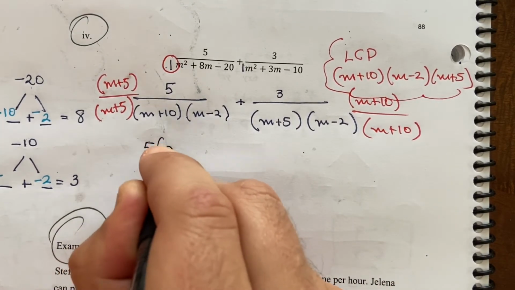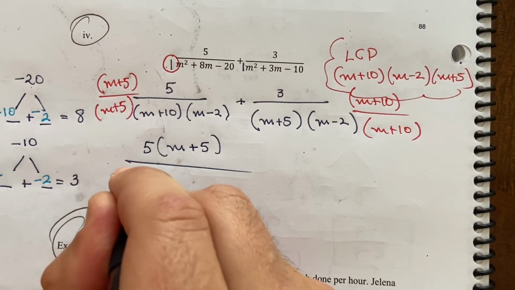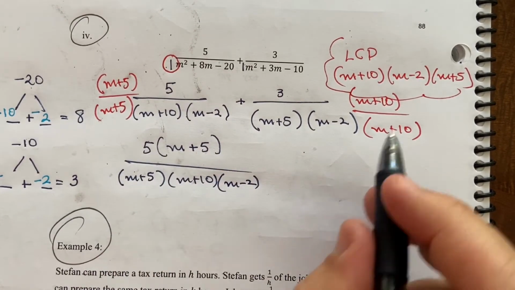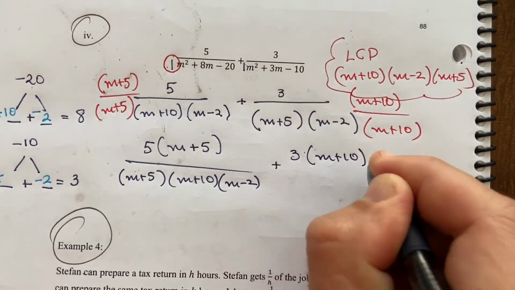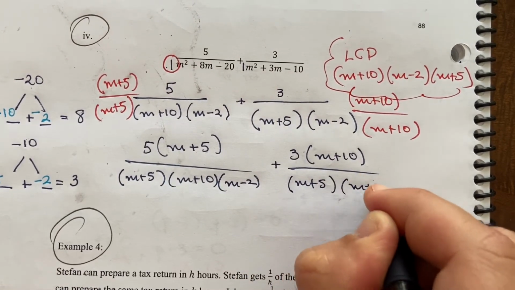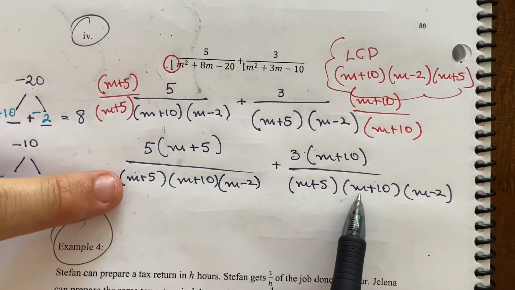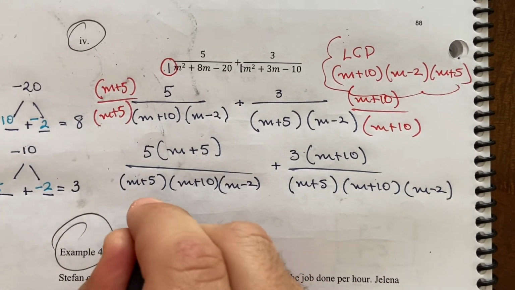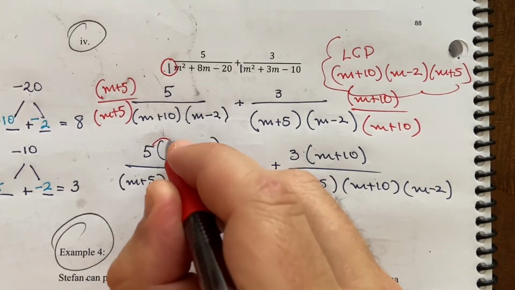So I have 5 times m plus 5 over the least common denominator, which is m plus 5, times m plus 10, times m minus 2. Over here I have plus 3 times m plus 10 over m plus 5, m plus 10 times m minus 2. Now that they have the same denominator, I can actually bring them together. So I can say 5m, I'll just go ahead and distribute also at the same time. I'm running out of room.